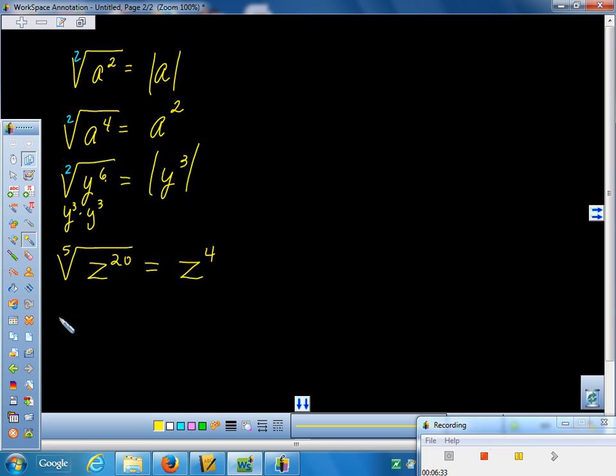Okay, what if I went insane and gave you a 12th root of h to the 36th power? H to the 3rd. 12 goes into 36 3 times, and since that's odd, I would put an absolute value on it.